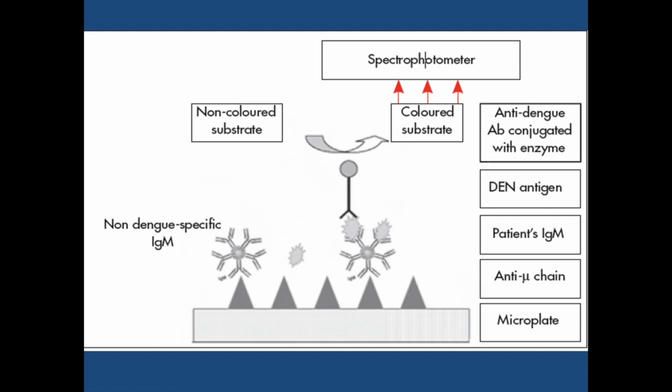If dengue antigen is there, it will bind to the immunoglobulin of the patient. Finally, you add an anti-dengue antibody conjugated with enzyme, and this is visualized using a spectrophotometer. So this is the MAC ELISA.